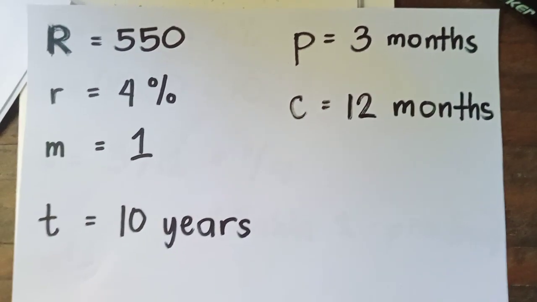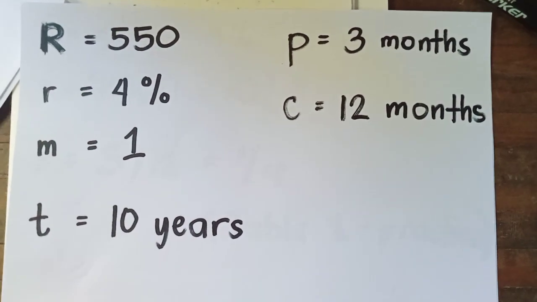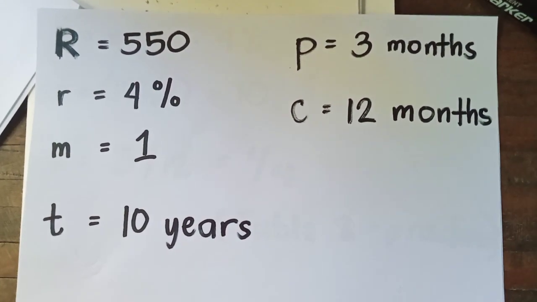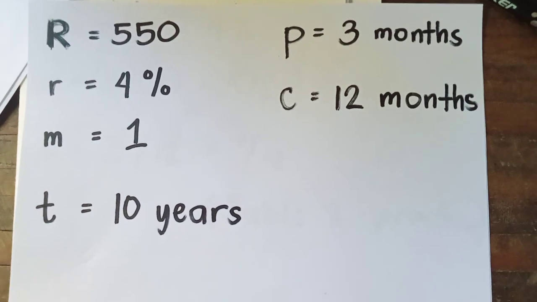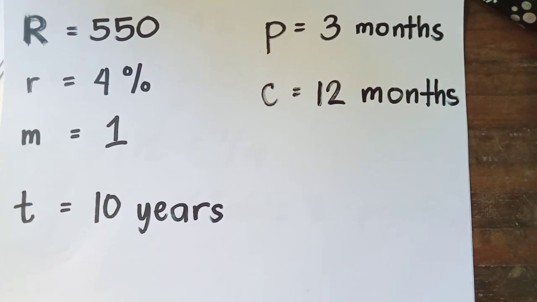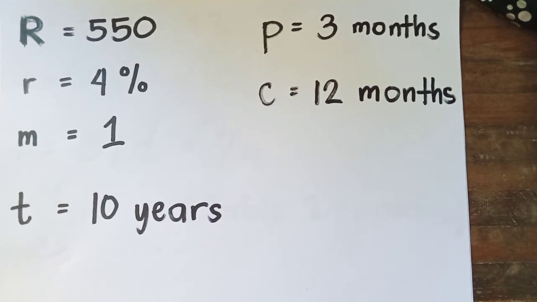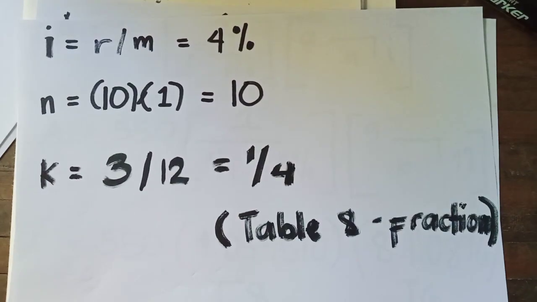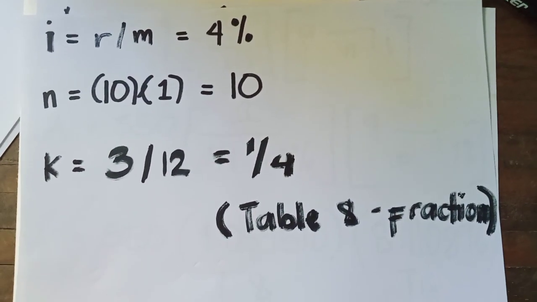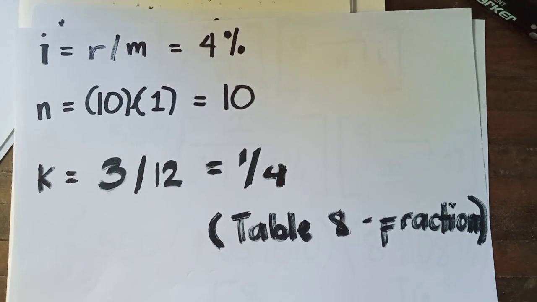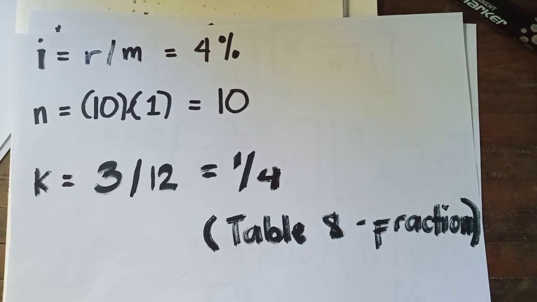Let's solve it. So the R is 550. The rate is 4%. The M is 1. The time is 10 years. The P is 3 months and the C is 12. After finding, let's solve the I equals R over M. So it's 4%.